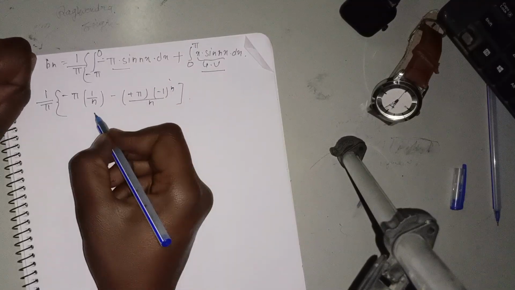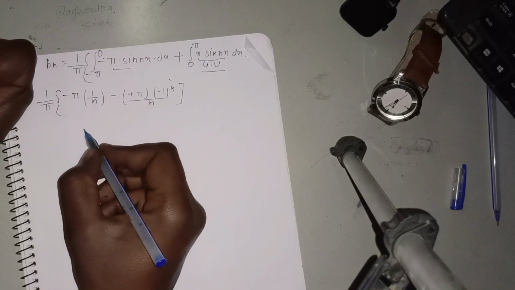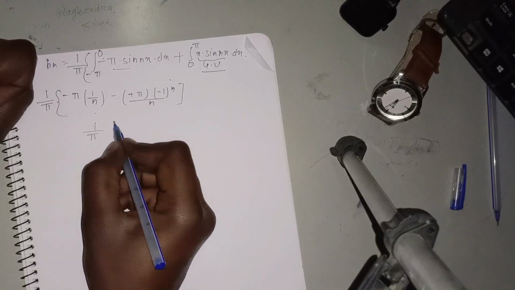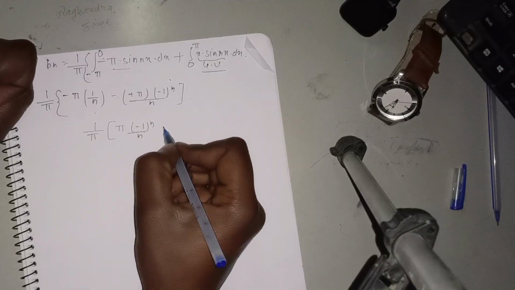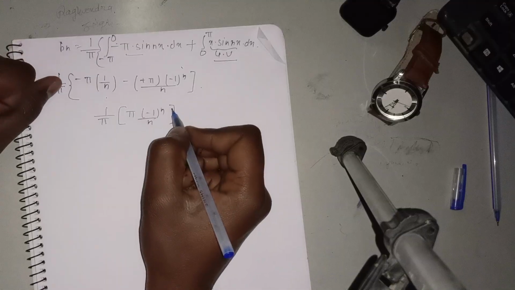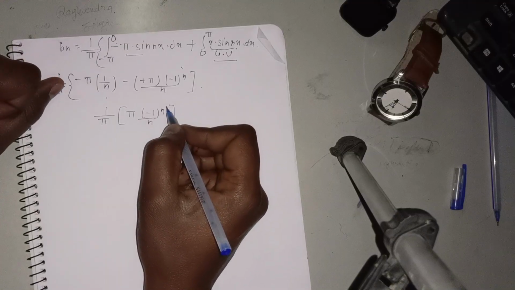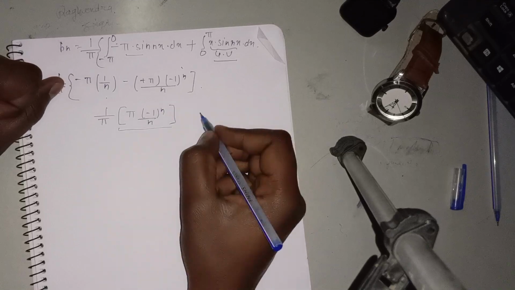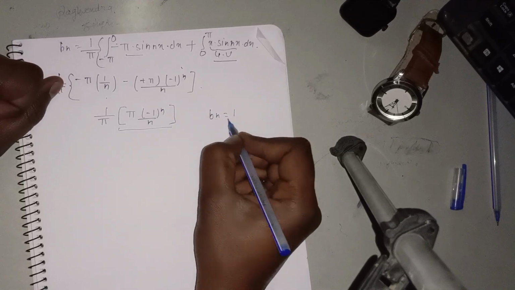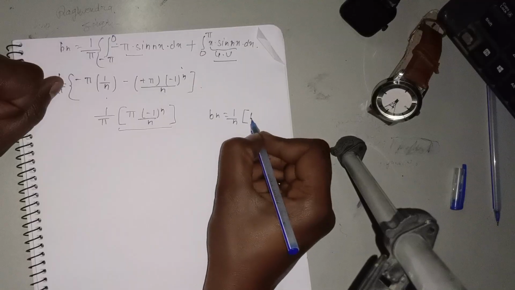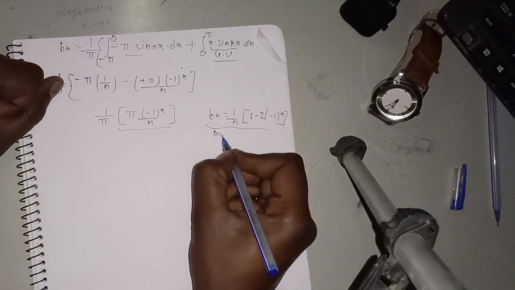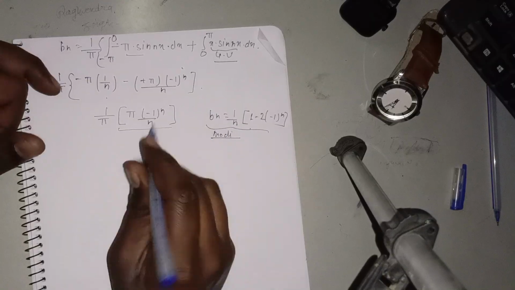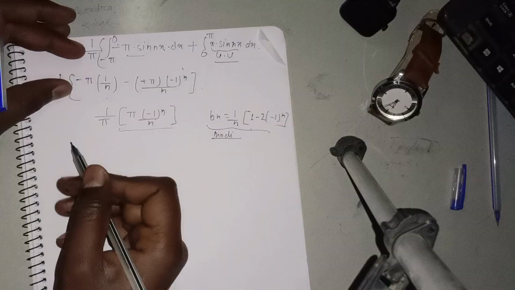Okay, after putting the limit I will get this, and 1 upon pi, minus 1 to the power n upon n. Or this can be written as bn is equal to 1 upon n, 1 minus 2 minus 1 to the power n. After some modification we can write this in terms of bn.